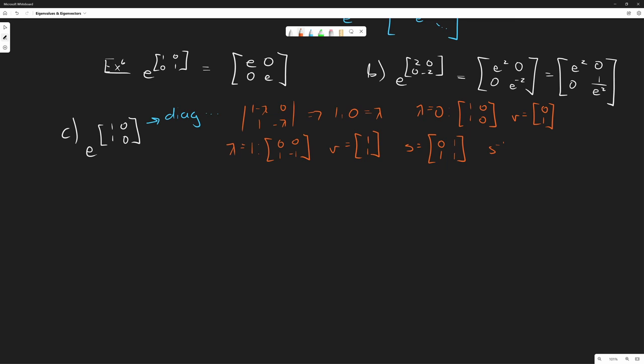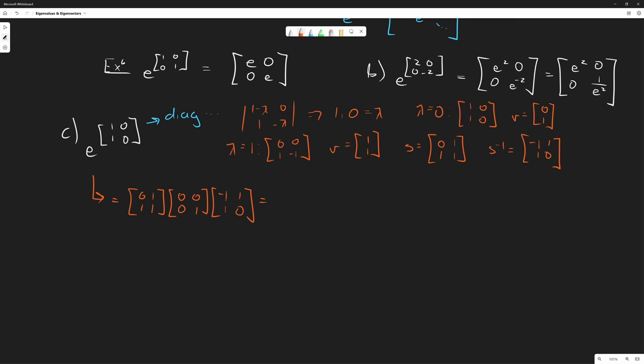So our invertible matrix will be 0, 1, 1, 1. Our inverse, because it's 2 by 2, will be relatively simple, so it'll be negative 1, 1, 1, 0. And then to find this, it will just be equal to 0, 1, 1, 1 times our diagonal matrix, which is going to be e raised to the matrix 0, 0, 0, 1, times negative 1, 1, 1, 0.